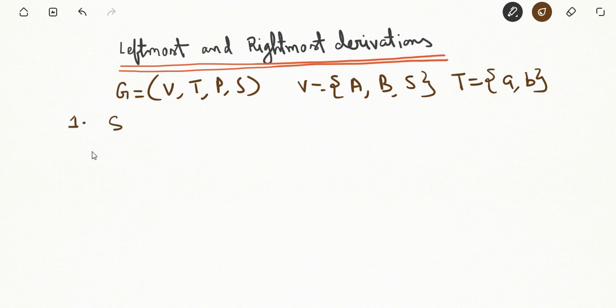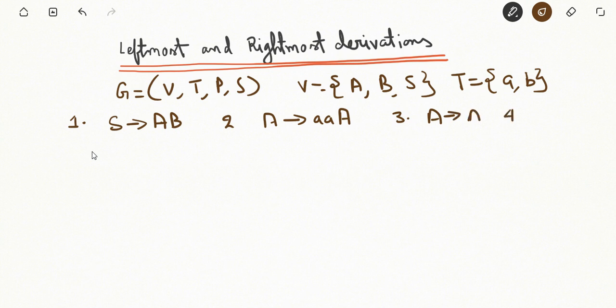Number one, S is rewritten as AB. Number two, A is rewritten as aaA. Number three, A is rewritten as null. Number four, B is rewritten as bB. Number five, B is rewritten as null.